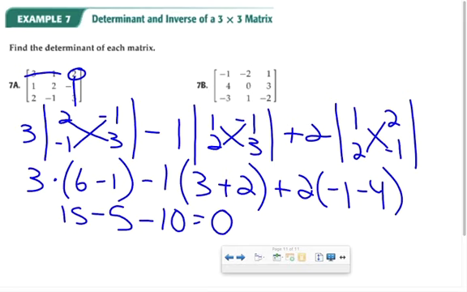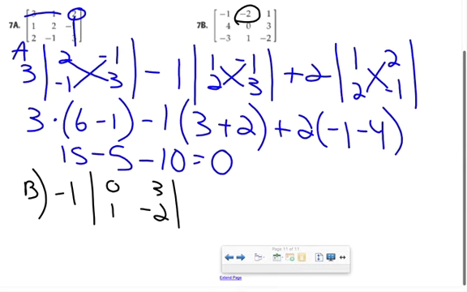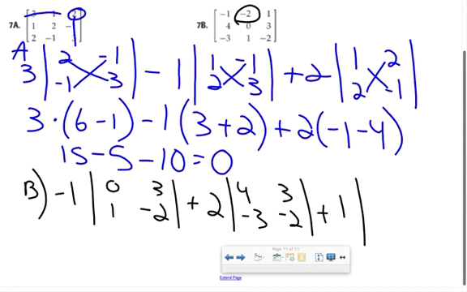Now let's do part B. For part B, I have -1 times the determinant of its resulting matrix, 0, 3, 1, -2. And it's always minus for the second one, but since my second term here is negative, it's actually plus. And then plus 1 times its resulting determinant.